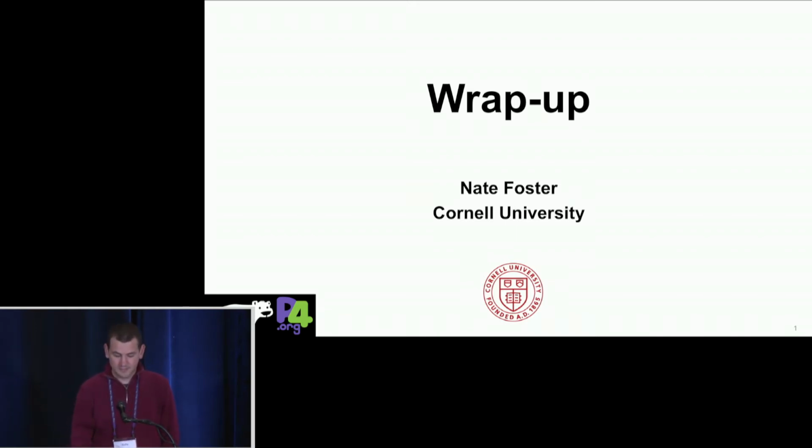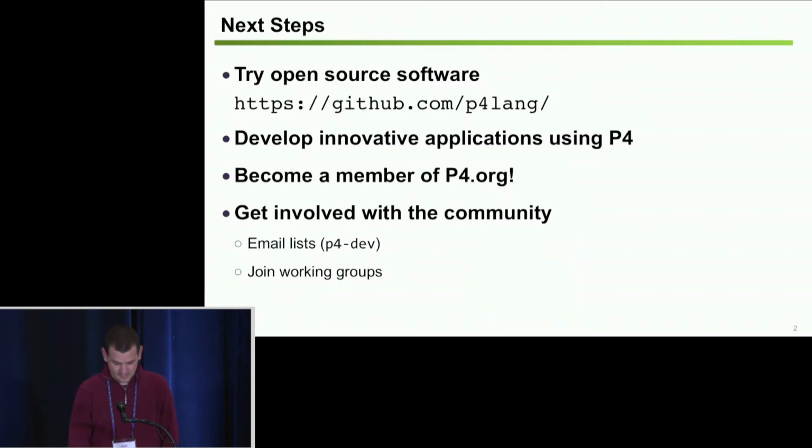So I just wanted to say a few words to wrap up and identify some next steps, now that you've invested a day learning how to program in P4 and use these tools. First of all, you've gotten this nice walled garden software environment that a bunch of people put together. But you can now take the step and try some of the raw open source software that the community has developed.